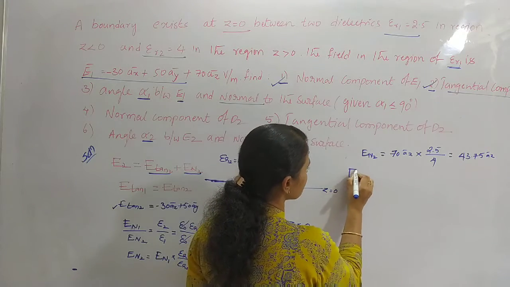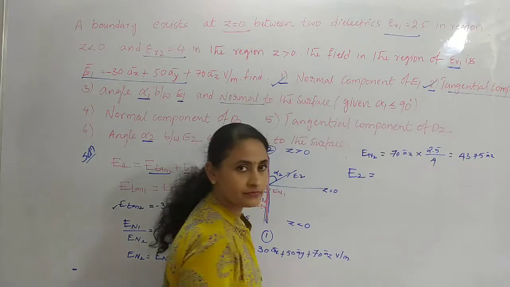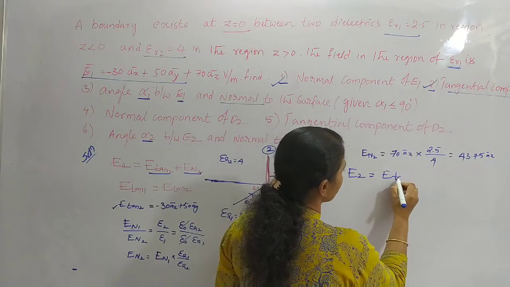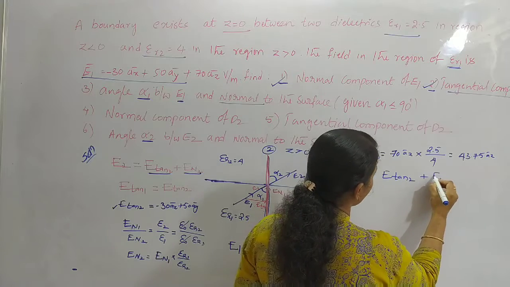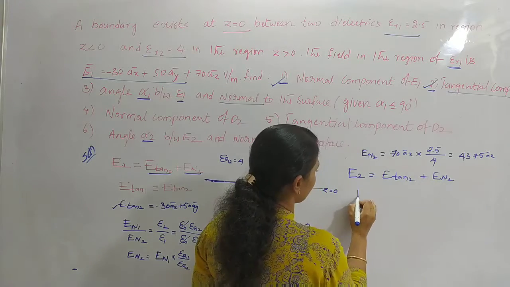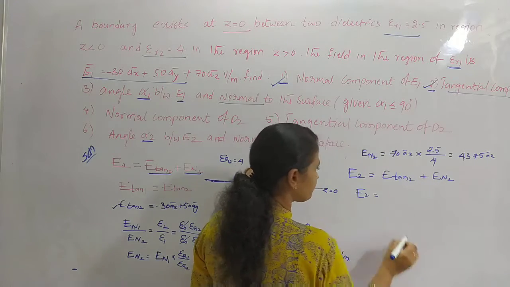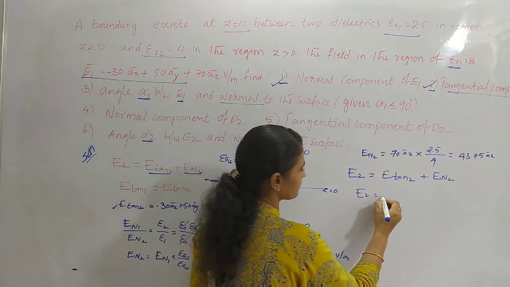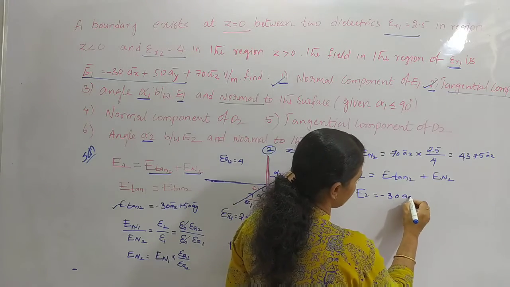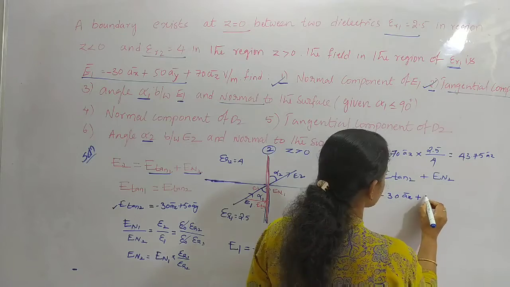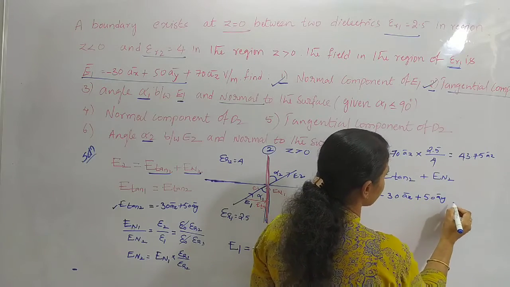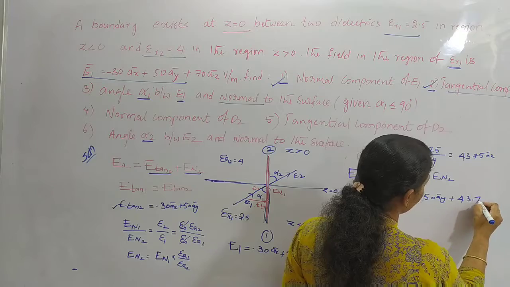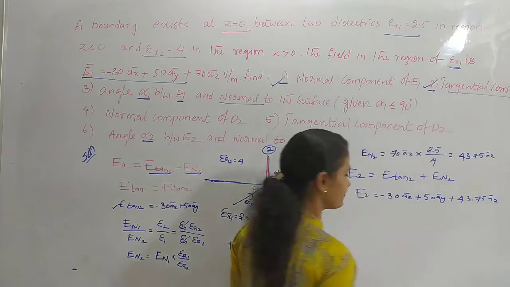Now let us write the equation for E2. It is the sum of its tangential and normal components. So E2 is given by the tangential component, minus 30 ax plus 50 ay, and the normal component, 43.75 az.